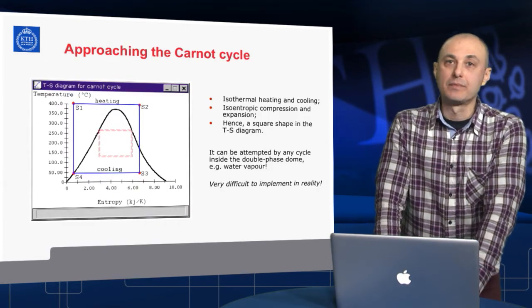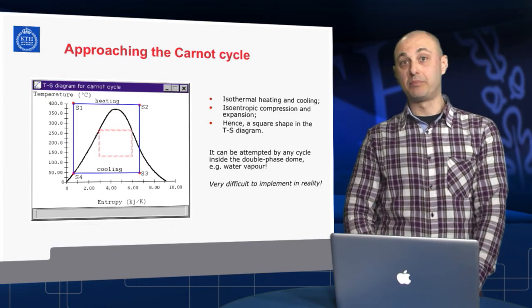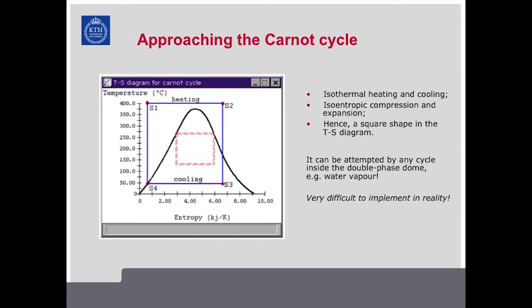Looking back at the Carnot cycle, which would be the theoretically best possible way to convert heat into mechanical power, the Carnot cycle in a TS diagram is very easy to represent as a square, or a rectangle, that is.